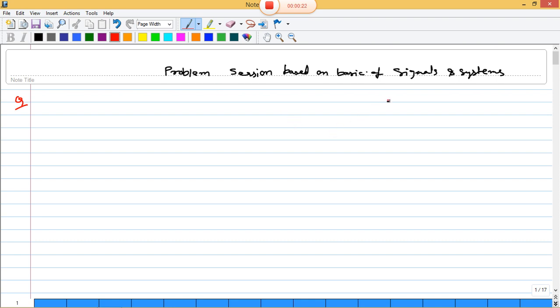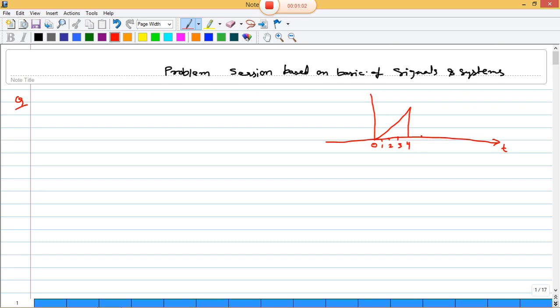Suppose a signal is given like this. This is t, and a triangular function or triangular signal is given, starting from 0. This is 0, in between 1, 2, 3 and 4.